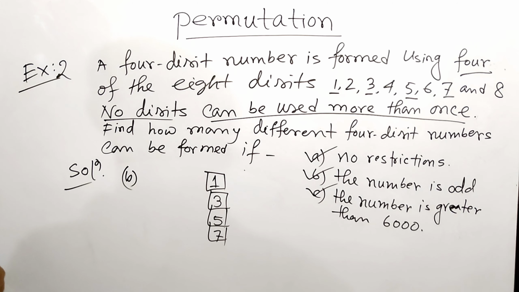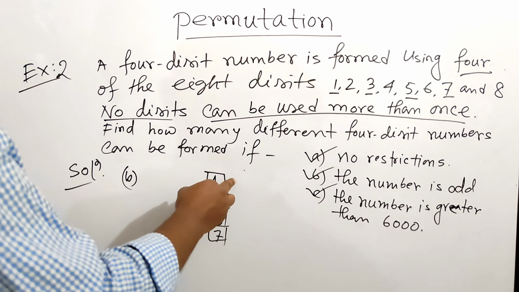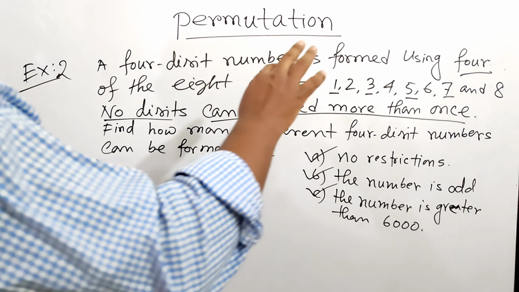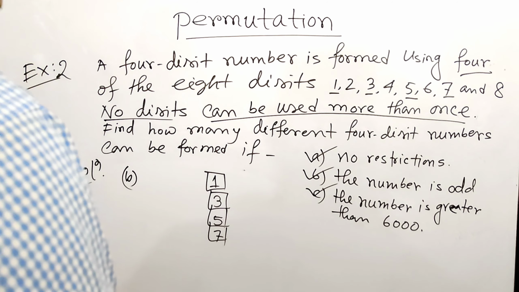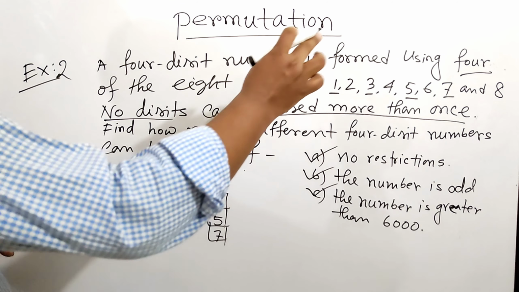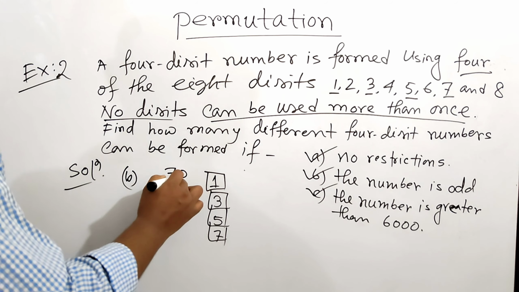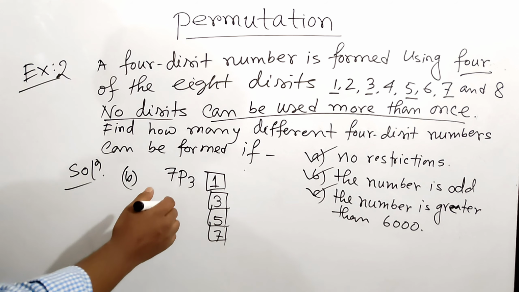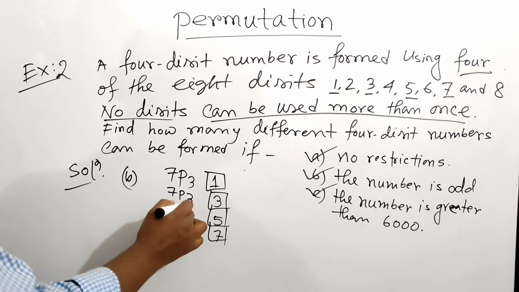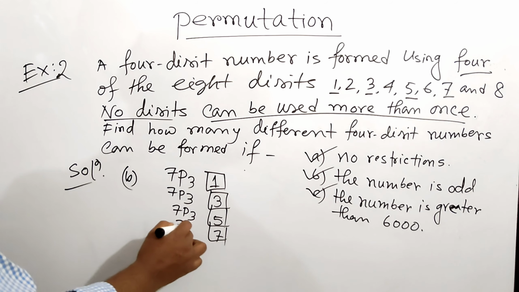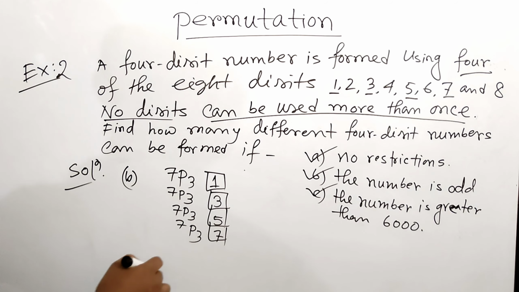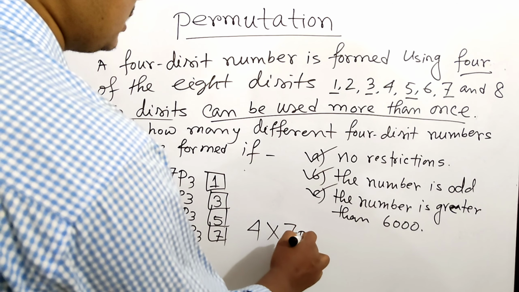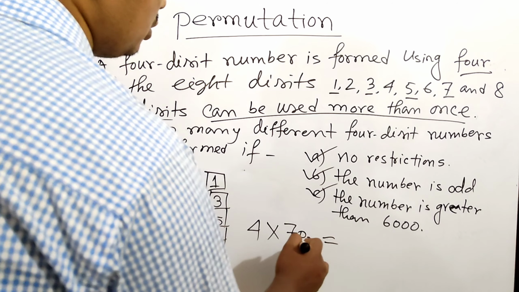You need to take 4 digits. You have already taken 1 digit, so you need to take another 3 digits from the remaining 7 digits, that is 7P3 ways. For the remaining 3 odd numbers it will be the same, 7P3 each. So there are 4 of 7P3, that is 4 times 7P3.